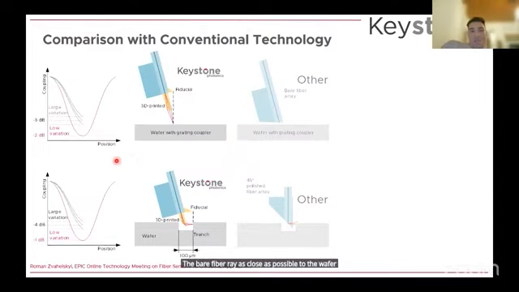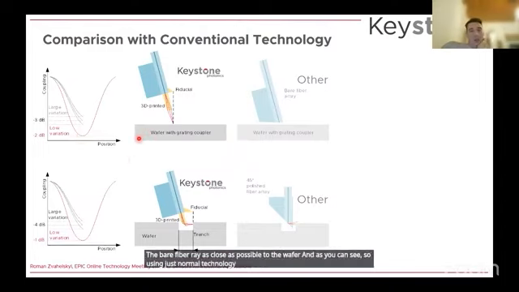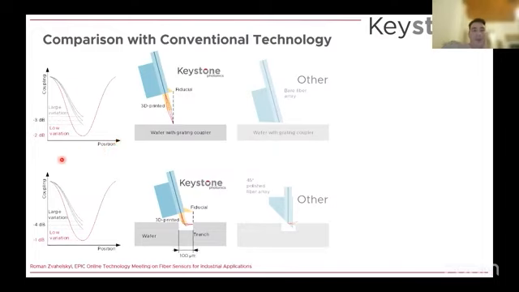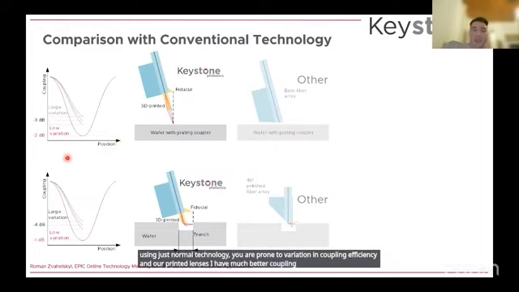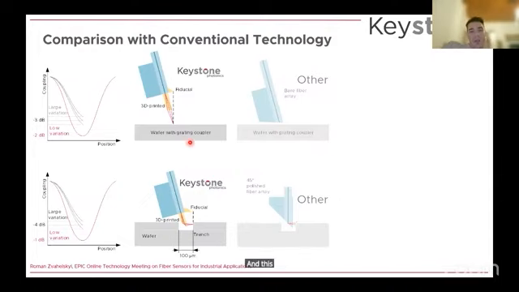As you can see, using just normal technology, you are prone to variation in coupling efficiency, and our printed lenses have much better coupling efficiency and are less prone to variation. And this is for the grating coupling approach.